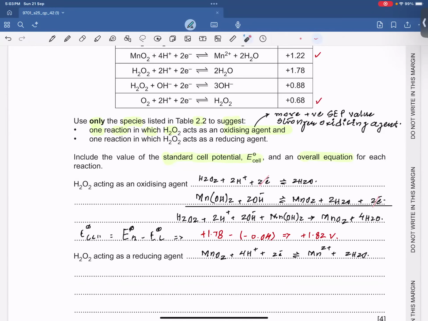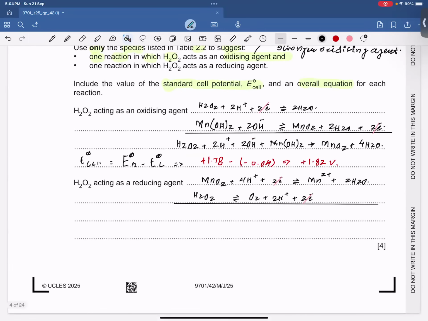Now I need to flip this equation in order to write it in the oxidation form. So I'm going to reverse it. If I reverse it, it's going to be like this: O2 plus 2 hydrogen ion plus 2 electron. As the number of electrons are already balanced, we need to cancel them out. So the overall equation for this reaction is going to be like this.